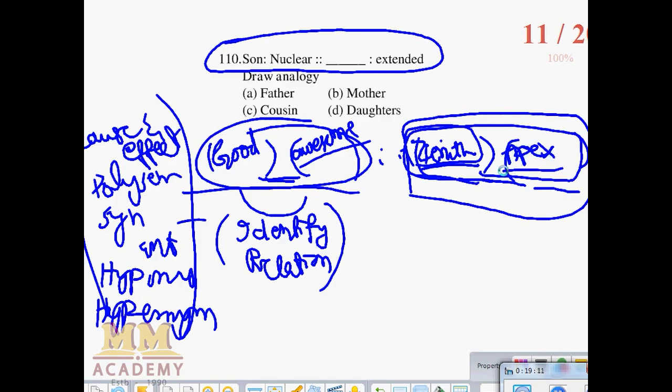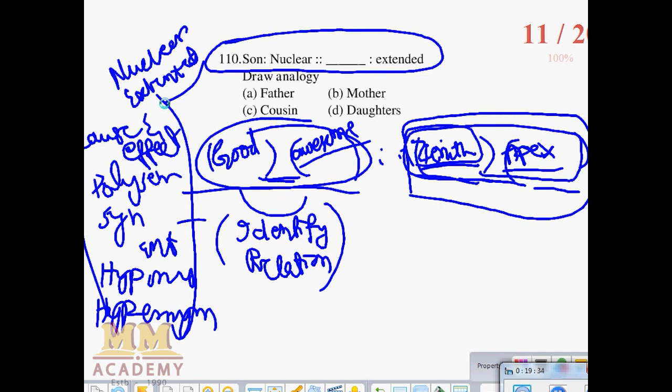So if you look at this, son, nuclear, dash, extended. We've got two concepts of families, nuclear family and extended family. A nuclear family is a separate family, and extended family is a family where you live like a joint family, right? Where your cousins, your other uncles and aunts, they are also living with you.